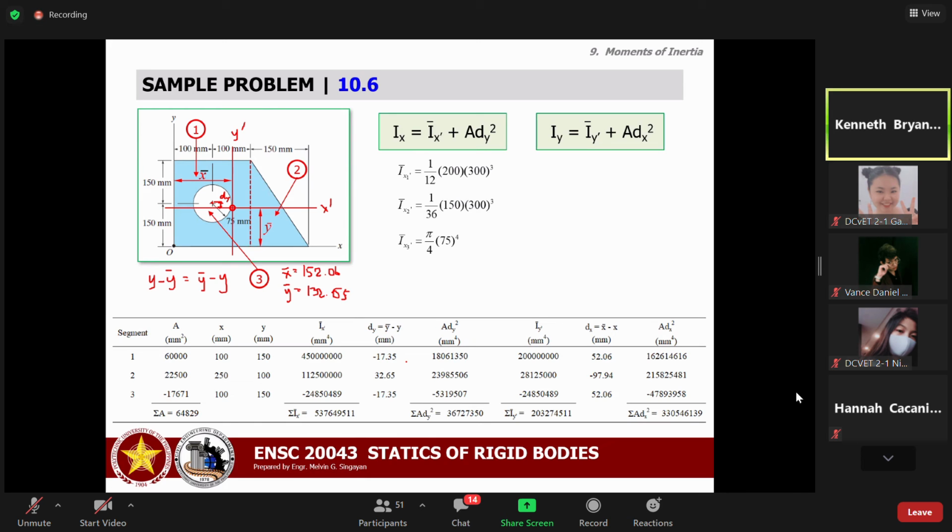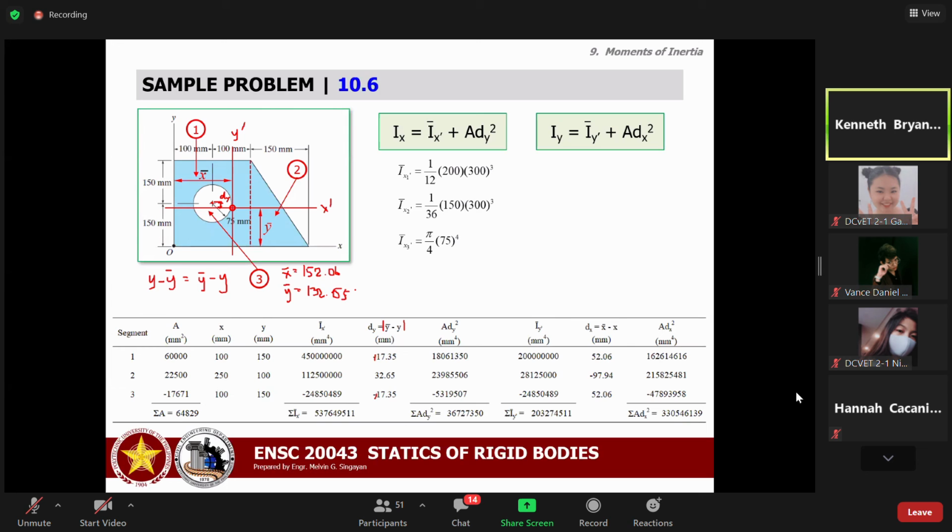Or, for some peace of mind, yung negative sign na dy, since it is a distance, okay, pwede mo naman lagyan ng absolute. Okay? So, absolute value of bar y minus y. Okay? So, pag ganyan, ay yung mga negative sign. Okay? So, pero ganun lang siya. So, yung bar y na nasolve mo, minus y, okay, yun yung dy.